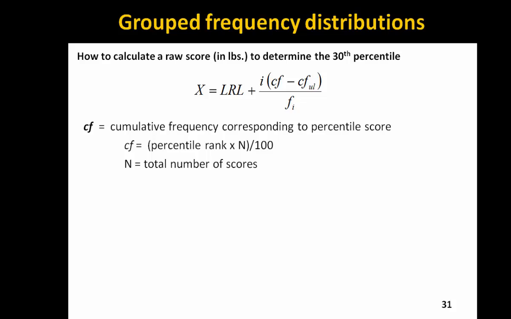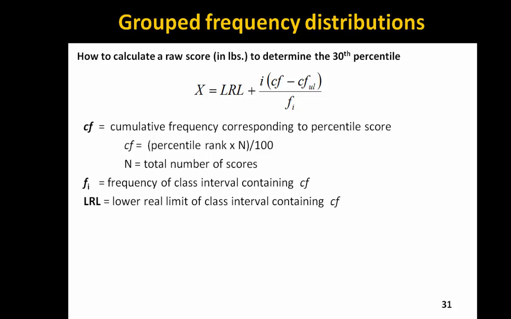Okay, and just as a review, that's the percentile rank times n divided by 100, where n is the total number of scores. Fi is the frequency of the class interval containing that cumulative frequency. LRL is the lower real limit of the class interval containing that cumulative frequency.